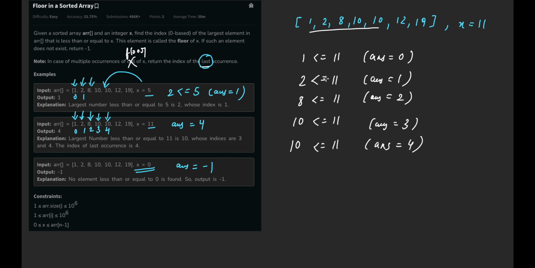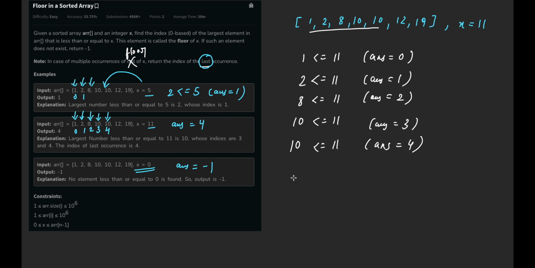Now can we do this problem in a better time complexity? If you have observed carefully, the array is sorted in ascending order, or you can say non-decreasing order. So we can think of a binary search approach here. Let's see how the binary search approach would work.